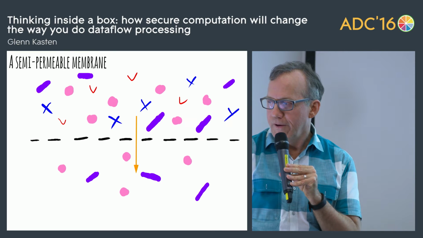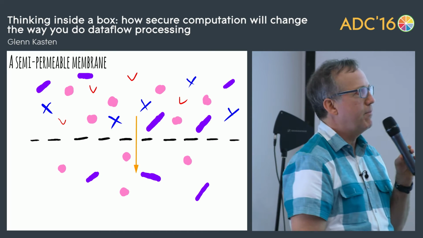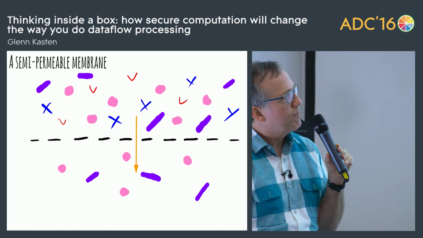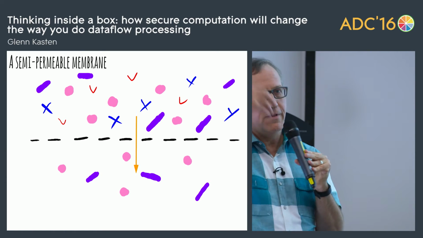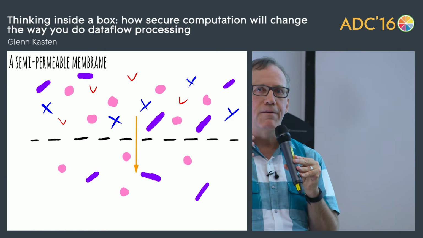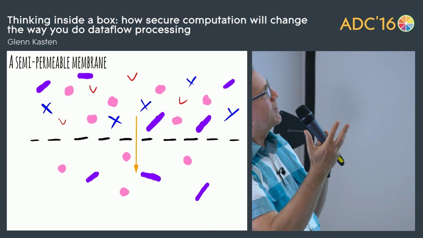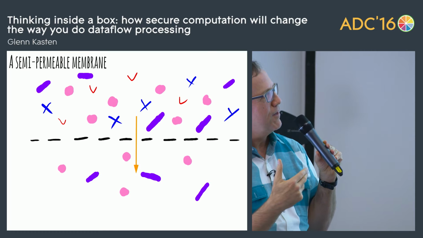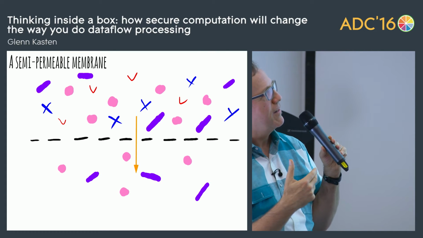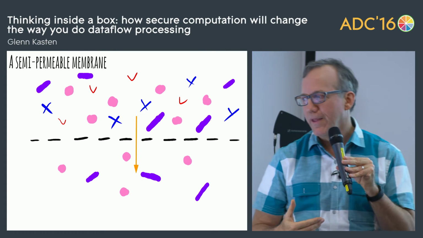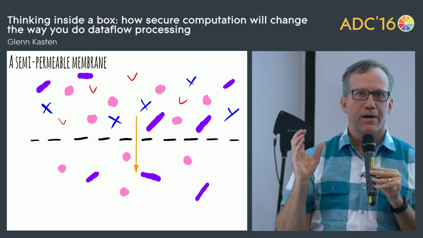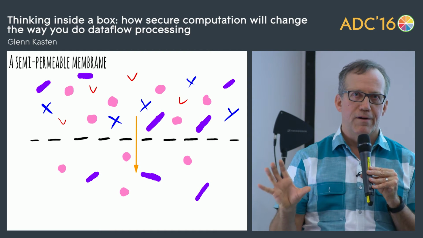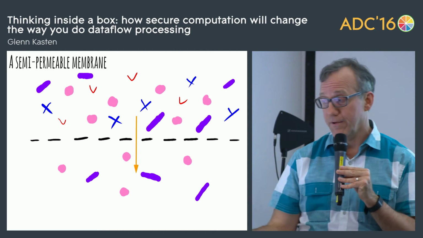And what we're going to interpose is a semipermeable membrane. A semipermeable membrane allows certain things through, but doesn't allow other things through. So in this case, we're going to allow the purple circles and the oblong purple things through, but not the X's or the red checks. And these represent system calls. So we're going to allow certain system calls to be executed, and we're going to deny other system calls.